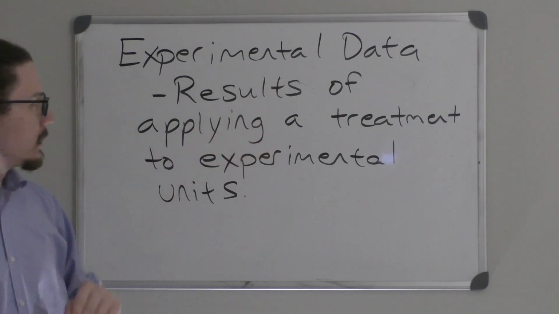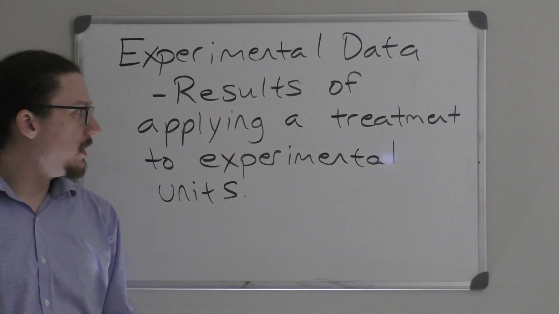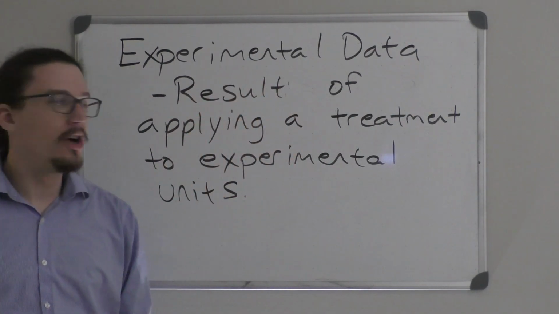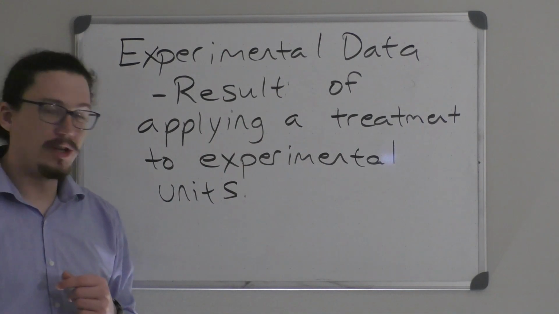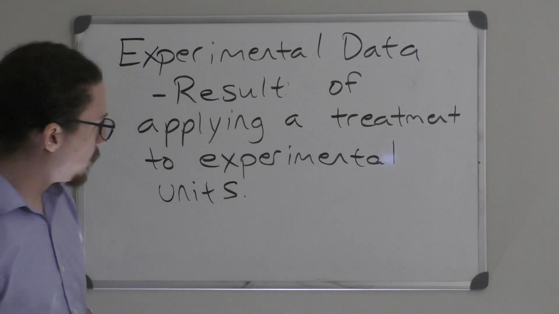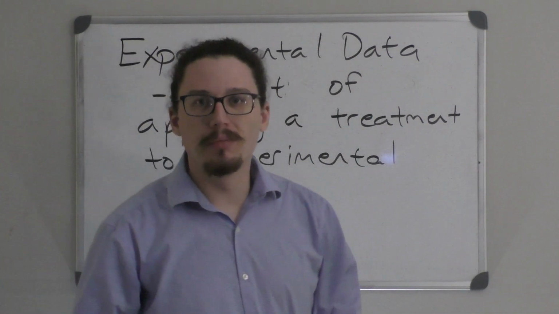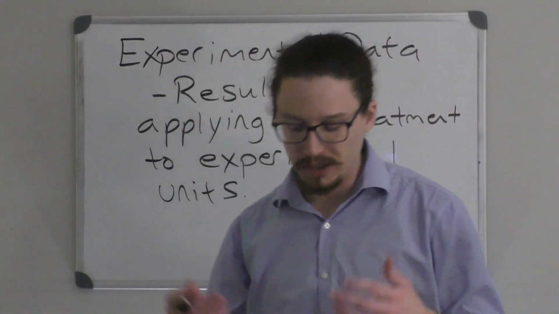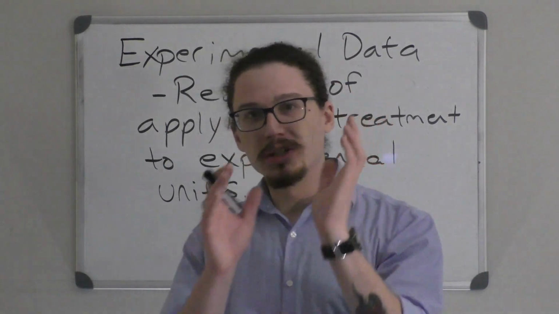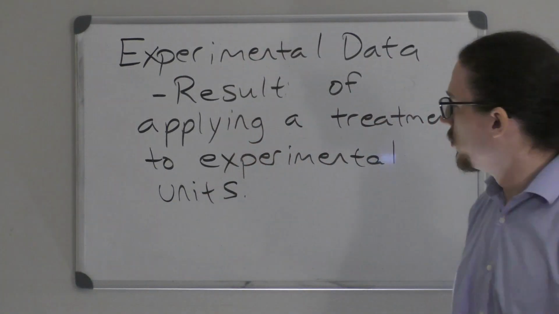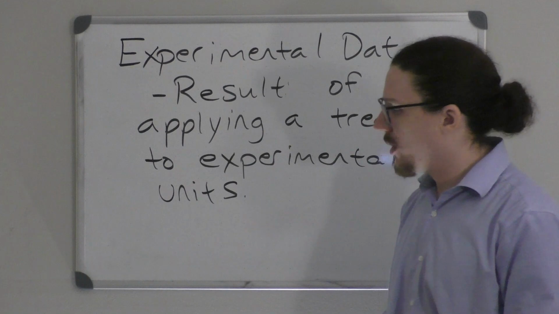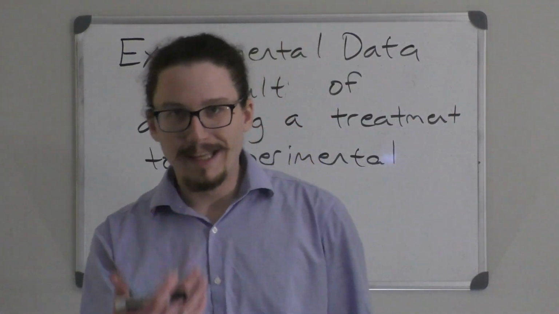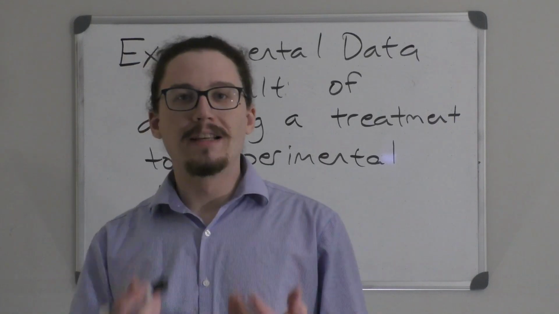Experimental data is the result of applying a treatment to experimental units. That's a kind of obtuse definition, but it's a way for me to condense it and still make sense, at least to me. Just in case it doesn't make sense to you, we'll talk about it in terms of a controlled experiment.